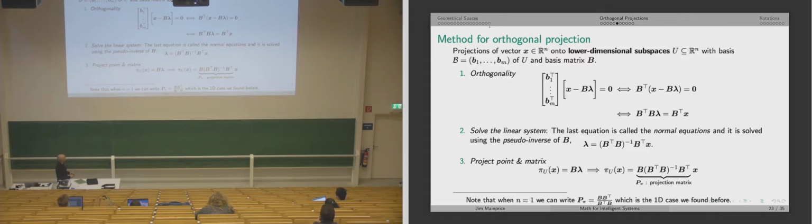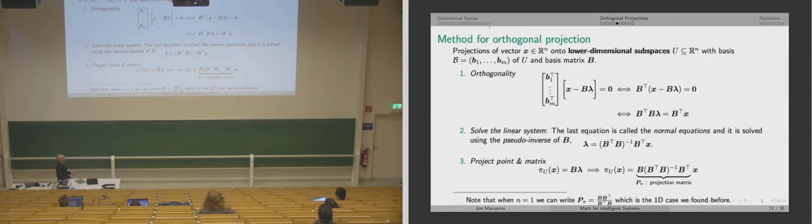But if we want the projected point, then we need to multiply that by the point itself and by the basis vectors. So the projection matrix is actually this. That's the pseudo-inverse, and that's the projection matrix.